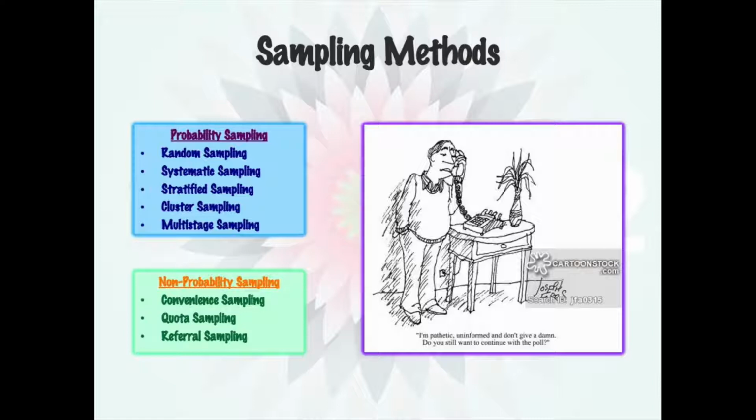That's the way that researchers work around not being able to use probability samples all the time. However, of course, we would prefer probability sampling to non-probability sampling, but it's difficult to get research participants. And so sometimes we have to use non-probability sampling when we'd really prefer to not.